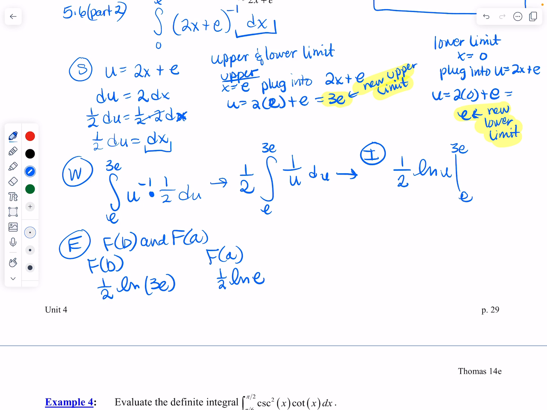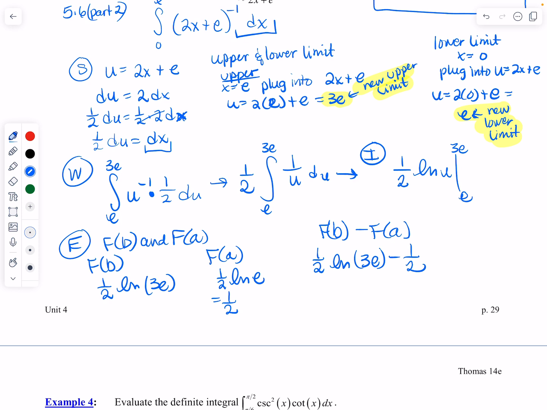Remember, ln of e is 1. So that's going to go away. So I just get 1/2 there. So when I subtract these two, I get 1/2 ln of 3e minus 1/2.